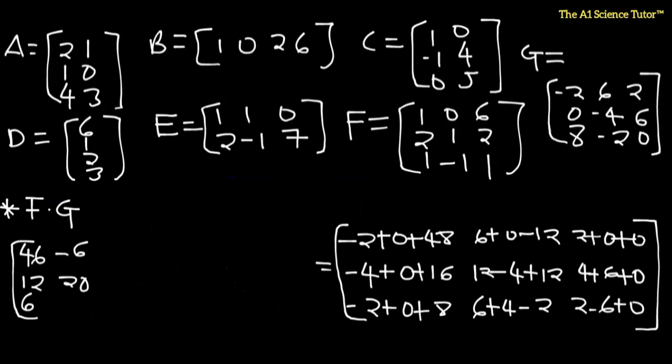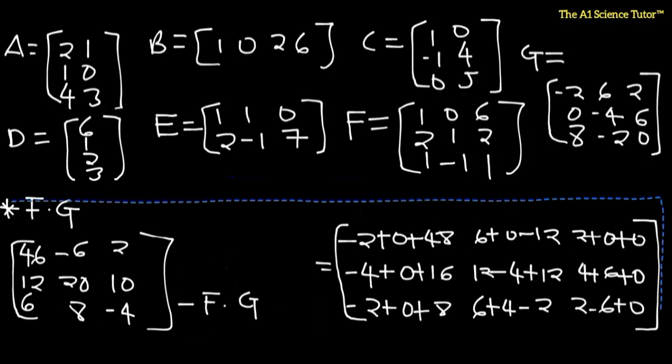So that should give us 8. Well, this should be a 6 plus 4 minus 2. Now we have 2 plus 0, which is 2. And here we have 10. And here we are going to have a negative 4. So this basically will be the answer to the question, matrix F multiplied by matrix G.